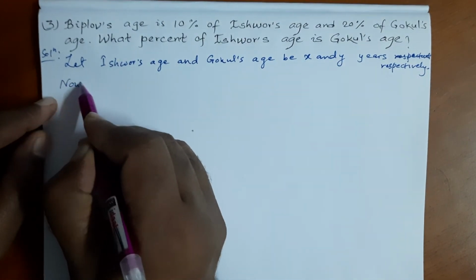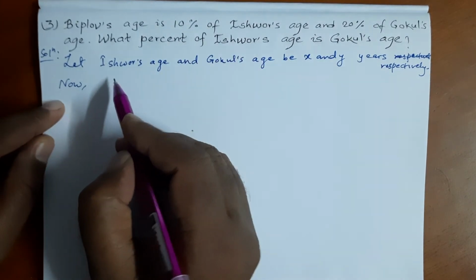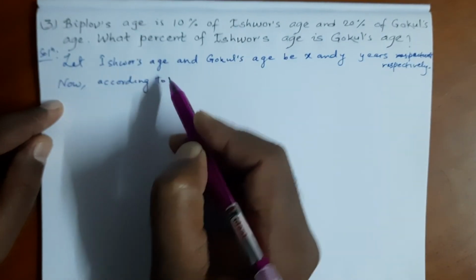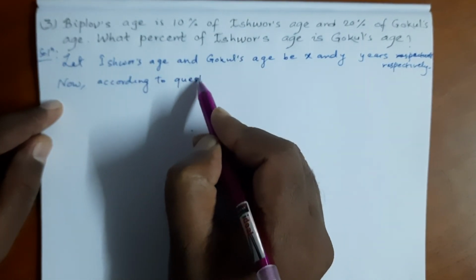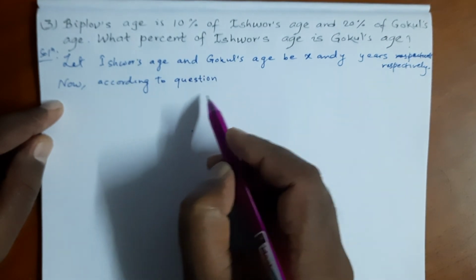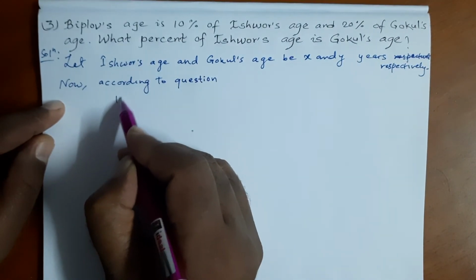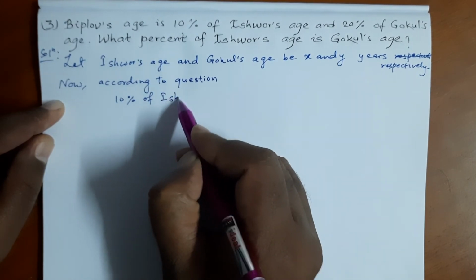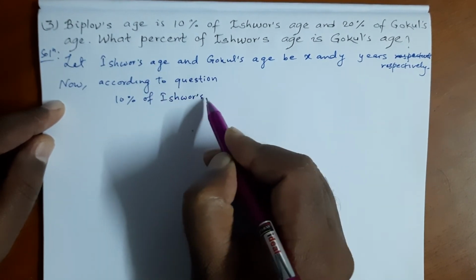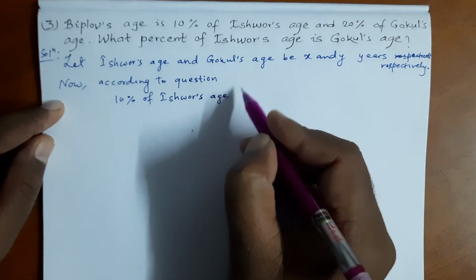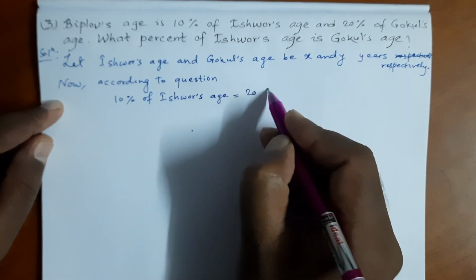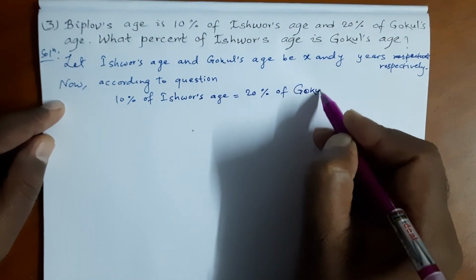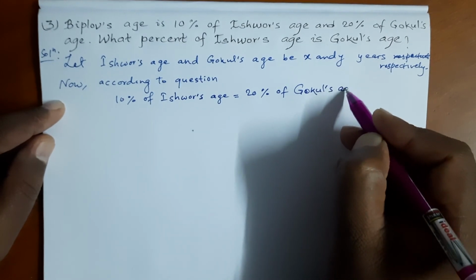Now, according to the question, 10% of Ishwar's age is equal to 20% of Gokul's age.